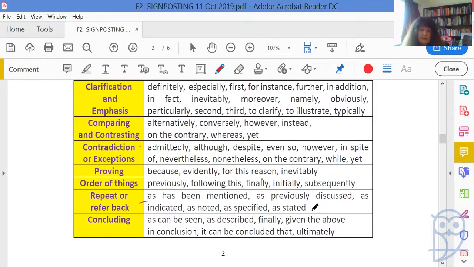Okay, you're repeating something to emphasize it, or maybe referring back because you're going to give another example of the same thing. Finally, concluding, as can be seen, as described, finally, in conclusion, ultimately. Those words are probably the only ones you will ever need, as we said. Okay, let's look at a few questions here.